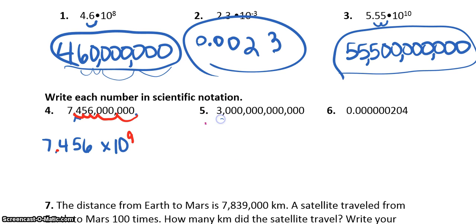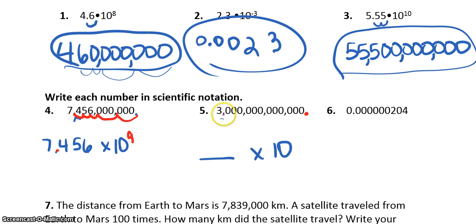Looking at this one, really large number, so it's going to have a positive exponent. It's going to be something times 10 to the what power. So we go back and count how many places from our decimal point, and where we move it so that we get a number between 1 and 10. If I move it here, it would be 30.